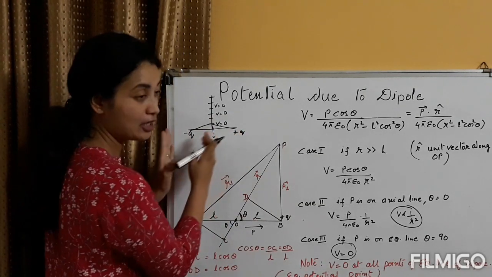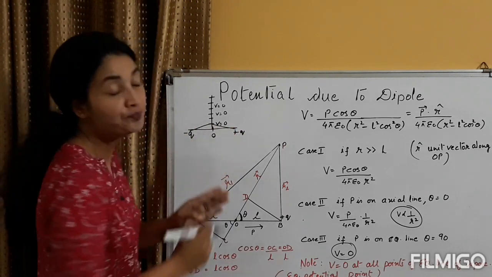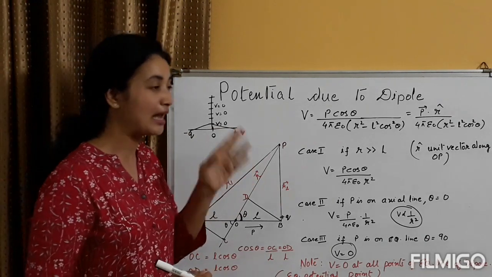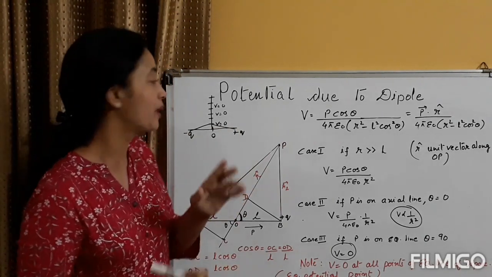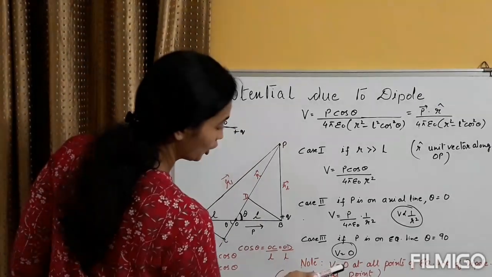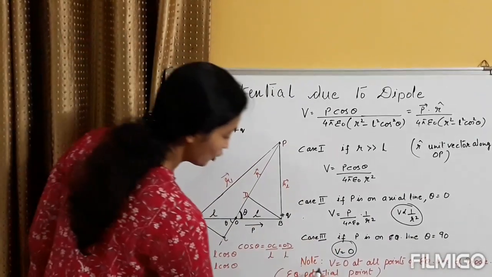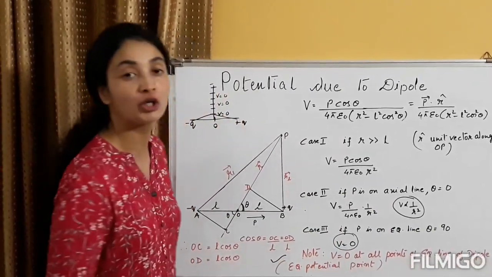So k is the same, the magnitudes of the charges q are the same, and the distance is the same. So you get plus kq by r and minus kq by r, and the result comes out to be 0. So the potential is 0 at all points of the equatorial line of the dipole. This is known as an equipotential.